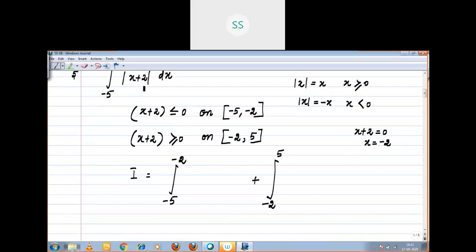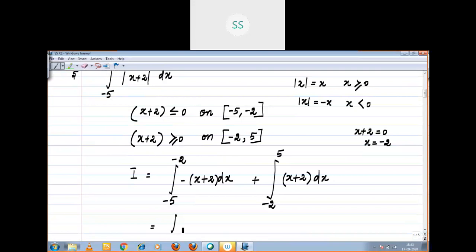The single integral I write in terms of two. I said from minus 5 to minus 2 the function is negative, that means minus of x plus 2 into dx. After that, it is positive, so x plus 2 into dx.